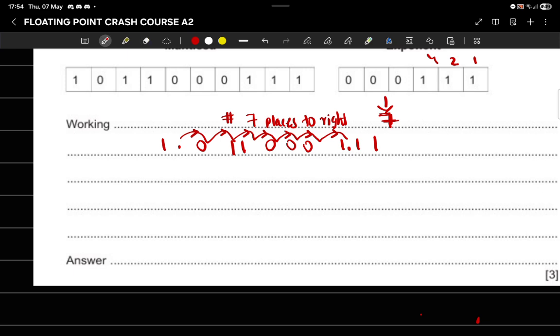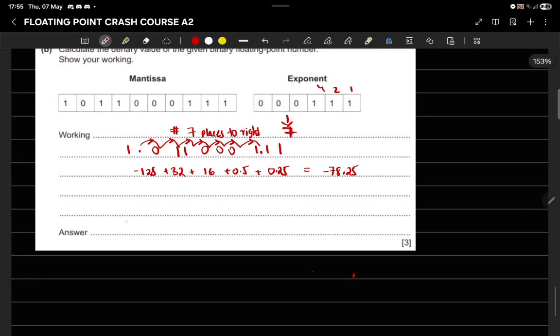So this would become minus 128 plus 32 plus 16 plus 0.5 plus 0.25. If you do the calculations, you get minus 78.25. The answer is minus 78.25.